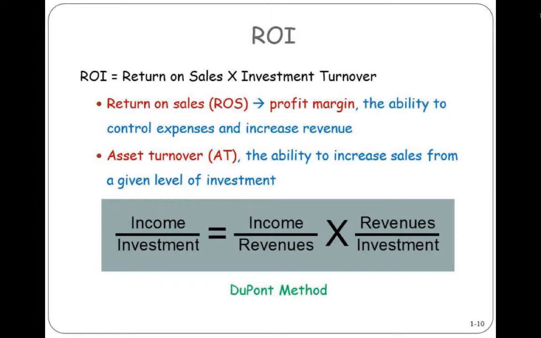So return on sales is your profit margin. So that's the ability to make income off of the products you sell. Your asset turnover, which is your revenues over investment, is the ability to generate sales from your investments.